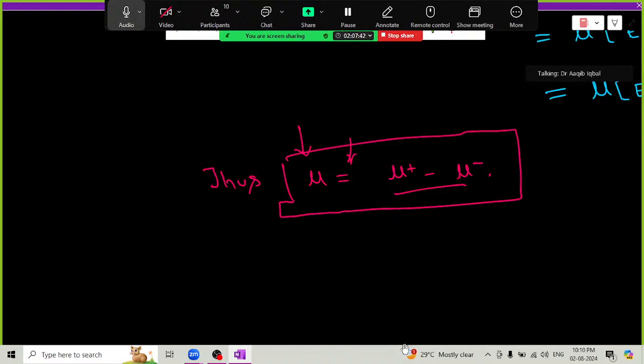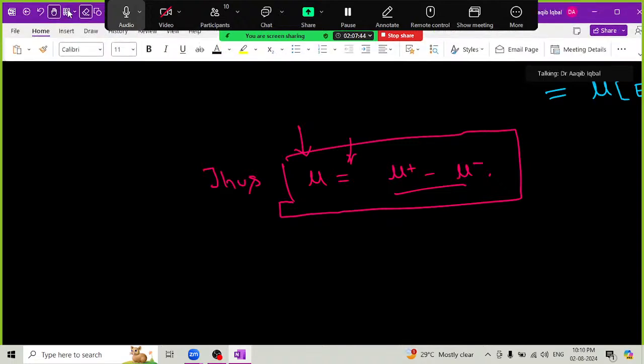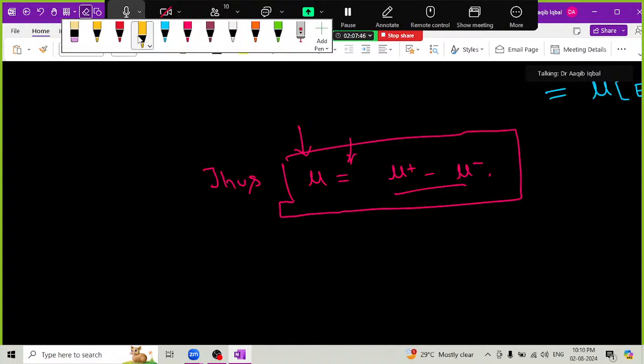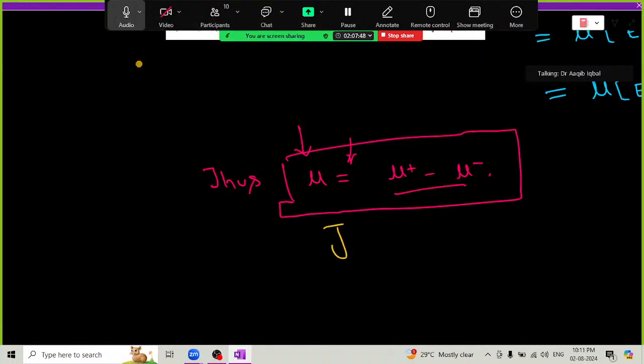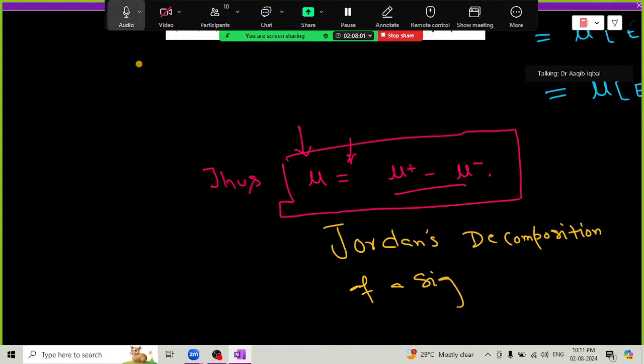And by the way, this decomposition of mu जो आप यहाँ देख रहे हैं, this is called the Jordan's decomposition of a signed measure. और ये जो mu plus और mu minus आप इस decomposition में देख रहे हैं, they are called the positive and the negative variations.